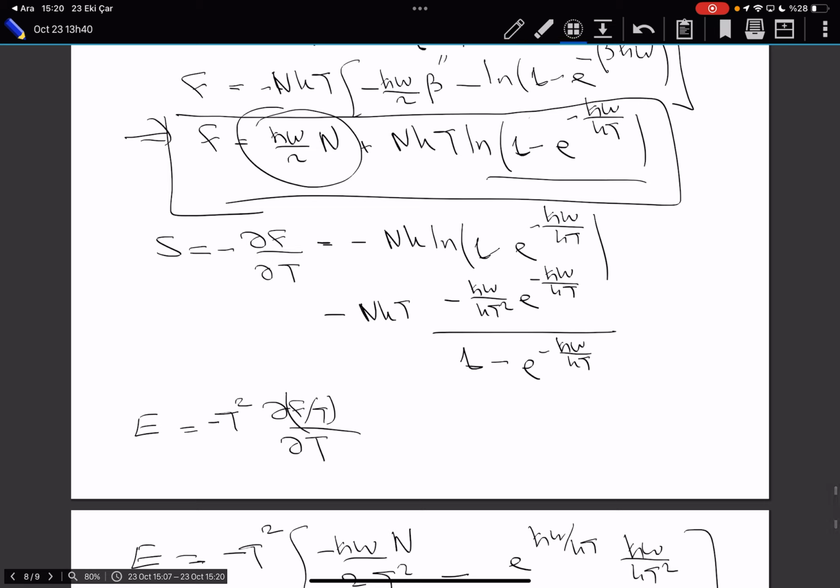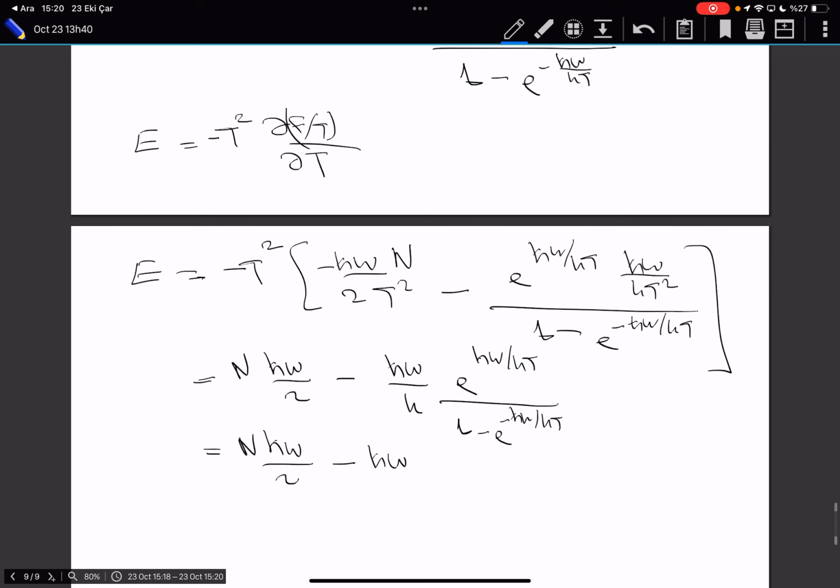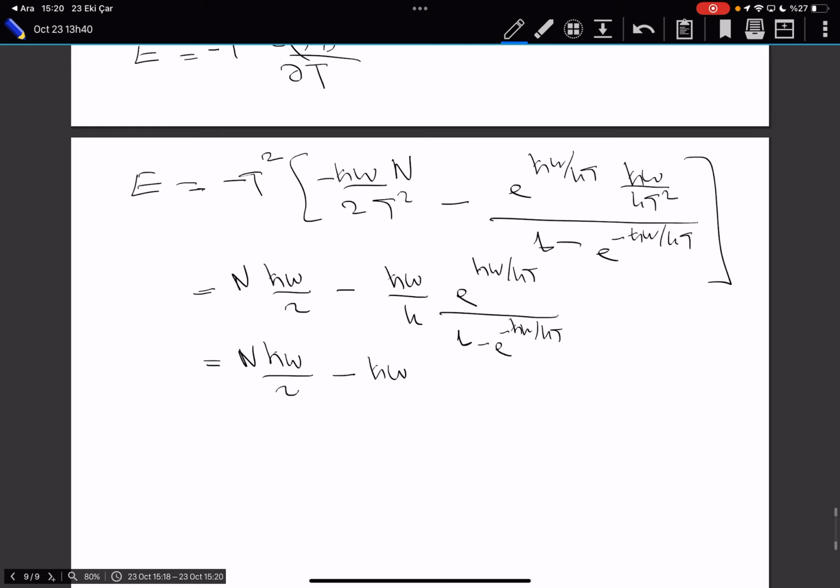There is a minus sign here, another minus sign in the exponent. There will be a third minus sign from the derivative of 1 over T in the exponent. So there is a minus sign over there. So this will be n times h bar omega over 2 minus h bar omega, plus 1 over 1 minus e to the power h bar omega over kT.